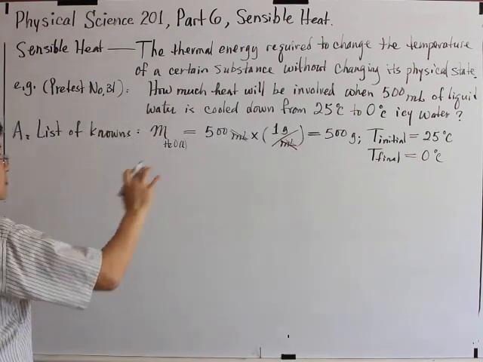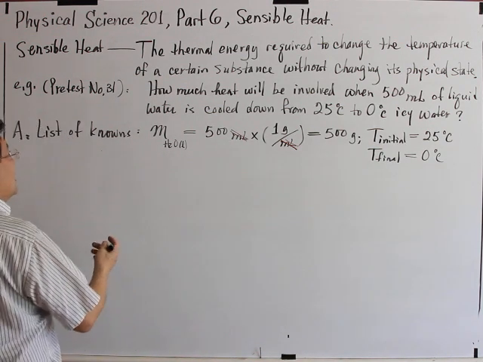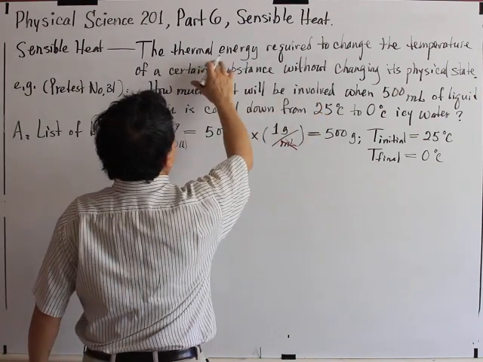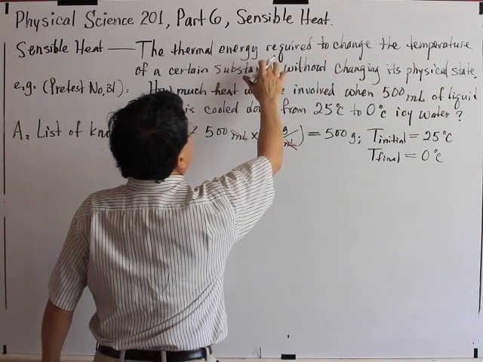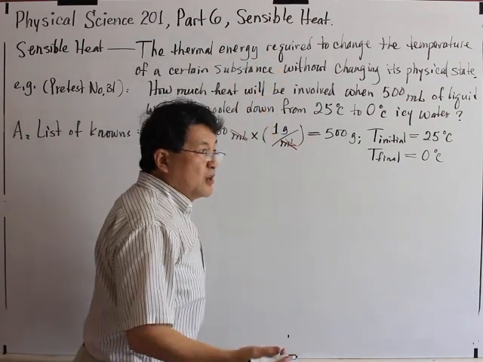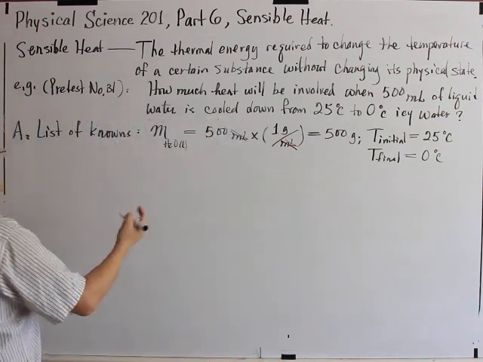So now, that's all the information we have. Of course, the specific heat capacity is known, 1 calorie per gram per degree. I did not specify to calculate thermal energy in what units. Here we're just assuming calorie, but we can also give you joule as we finish.